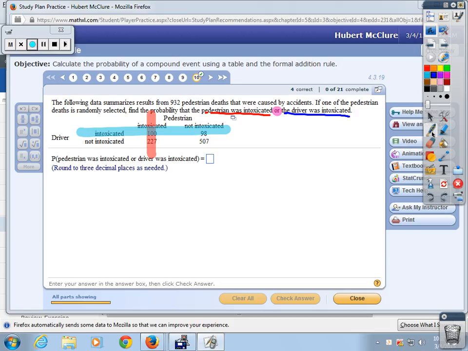Now, what is the denominator? And now we take our red, and that would be 100 plus 27.